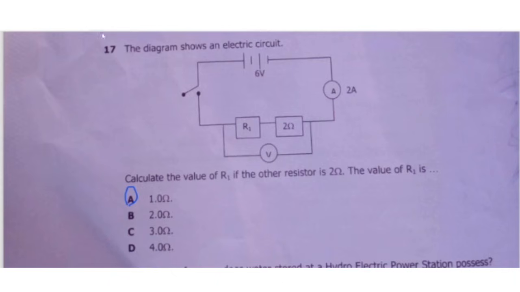Okay, the next question is question 18: What form of energy does water stored at a hydroelectric power station possess? I want to remind you not to get confused by this, because we know that when power is being generated, water is moving.